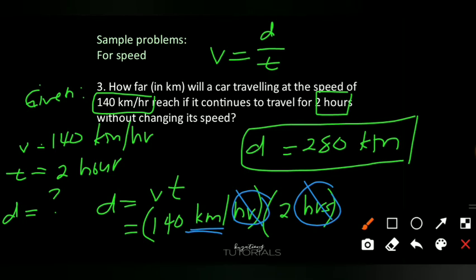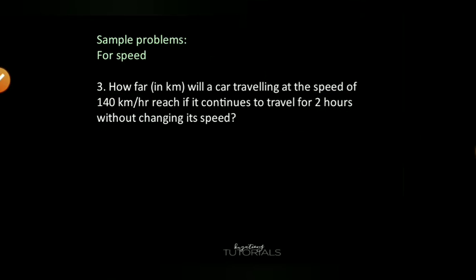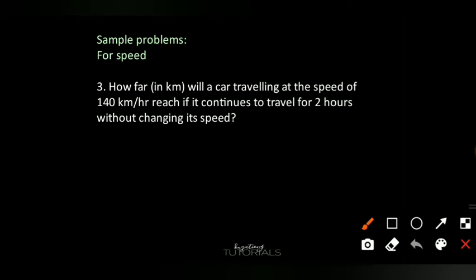Okay? Okay. So, that is how po we calculate distance, no? Kung distance ang atong gipangita, then ang given ra only is si speed og si time. We multiply speed sa time. Okay? So, short review ta ha. So, if ang atong gipangita is speed, ang atong formula gamiton is distance over time.